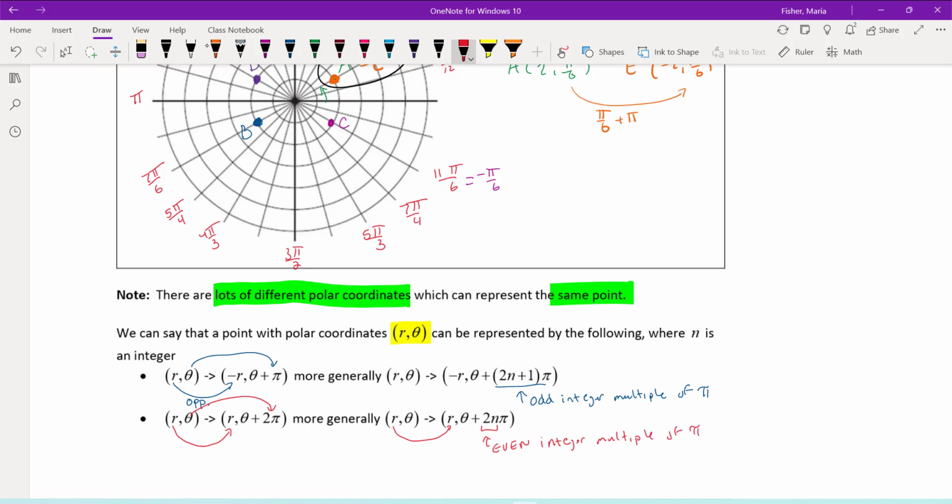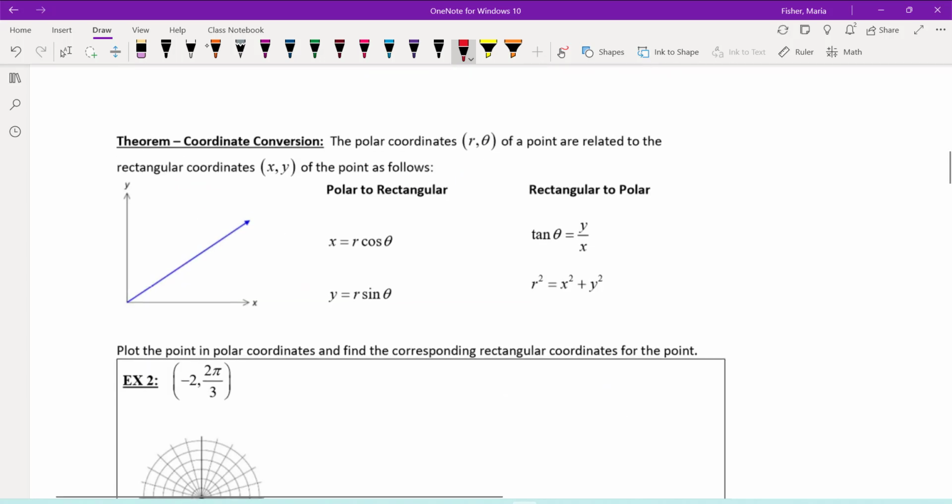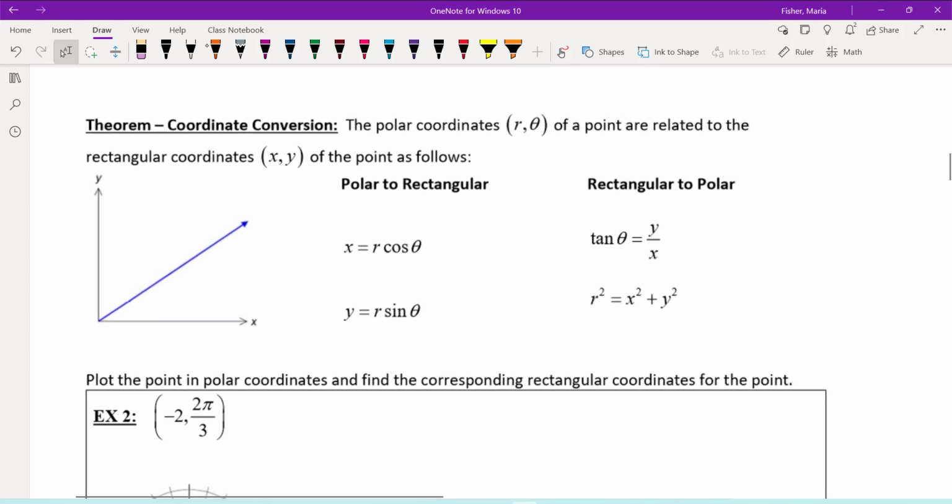And we will practice finding more than one polar coordinate that represents the same point in examples 3 and 4 on the next page.